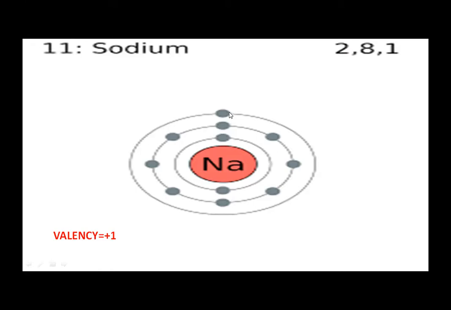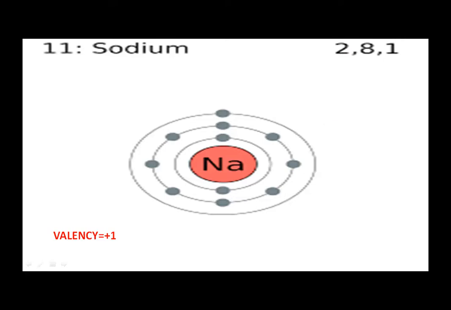According to the octet rule, in the M shell, 8 electrons are present. So it is unstable. So sodium accepts 7 electrons or donates 1 electron. It is easy to donate 1 electron.